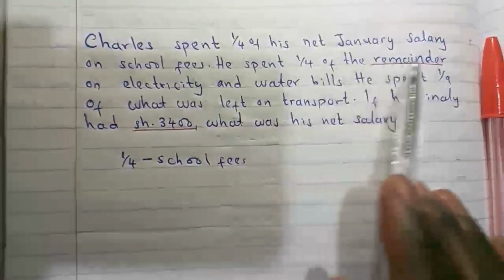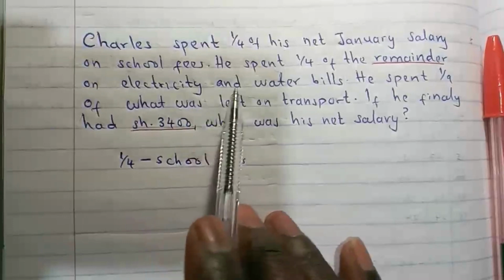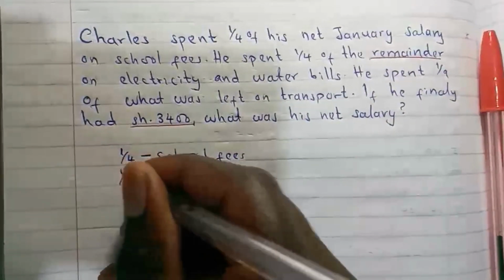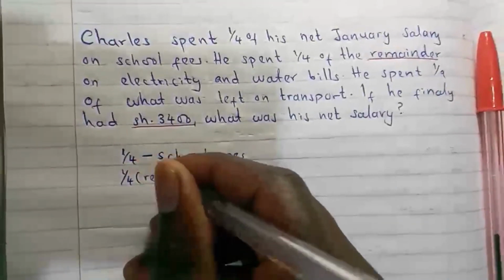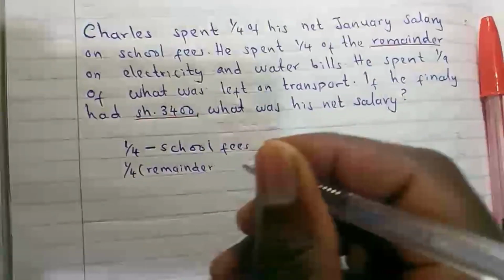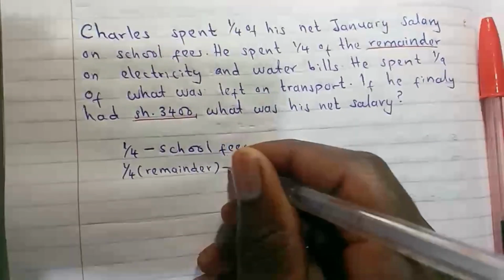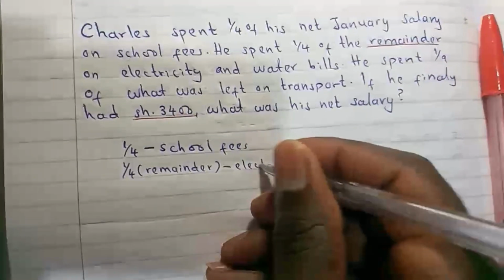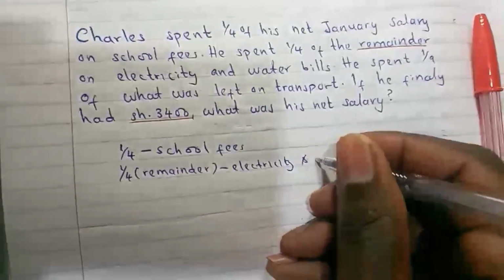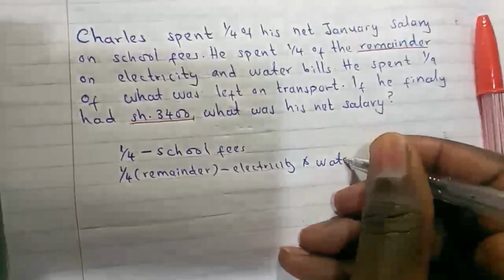He spent a quarter of the remainder on electricity and water bills. So we have got a quarter of the remainder on electricity and water bills.